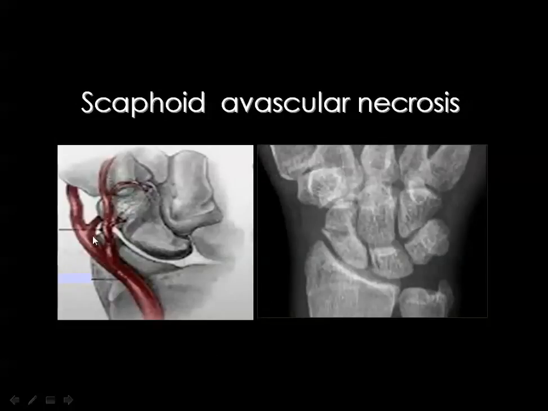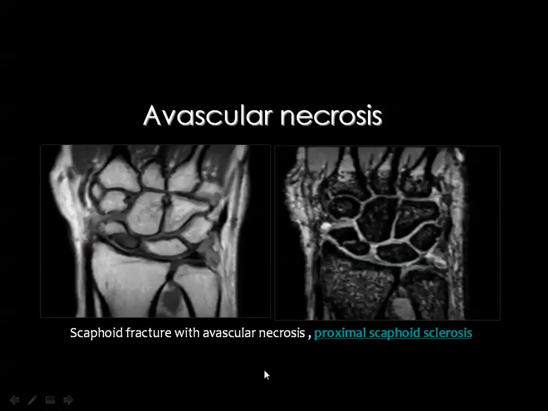This is the orientation of the blood supply entering the scaphoid bone, and this is the fracture without clear evidence of avascular necrosis in this bone. But if you look here, you see that there is a fracture in the waist of the scaphoid, and the proximal bone is of low signal in the T1 and low signal in the T2 gradient and the STIR.